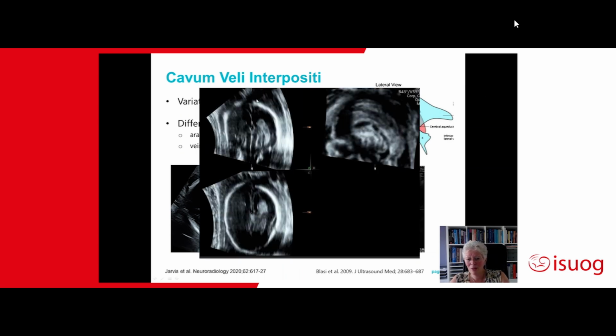Here is a 3D image of a baby at 20 weeks, where again, here we have the cavum septum, and here we can see the cyst-like structure. But if you make your mid-sagittal view, you can see your cavum septum over there, and here your cavum veli interpositi.